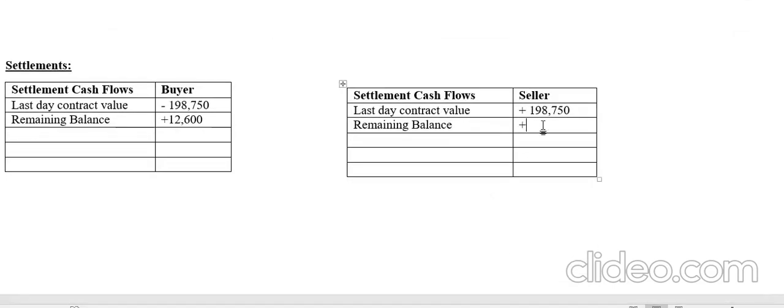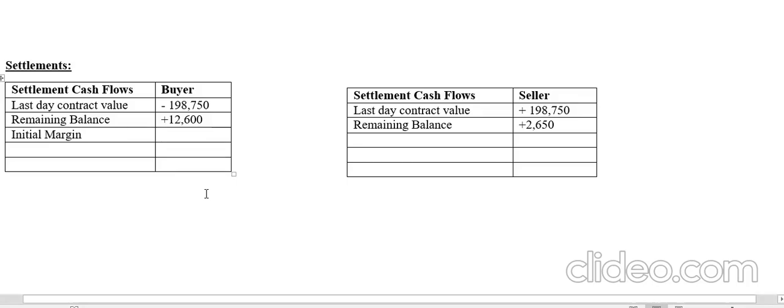So the seller will have a cash inflow of 2,650 from the clearinghouse side. Why are they receiving this money? Both of the parties deposited some initial margin at the time of signing the contract. So if they have deposited, then they are entitled to receive whatever the remaining balances are.